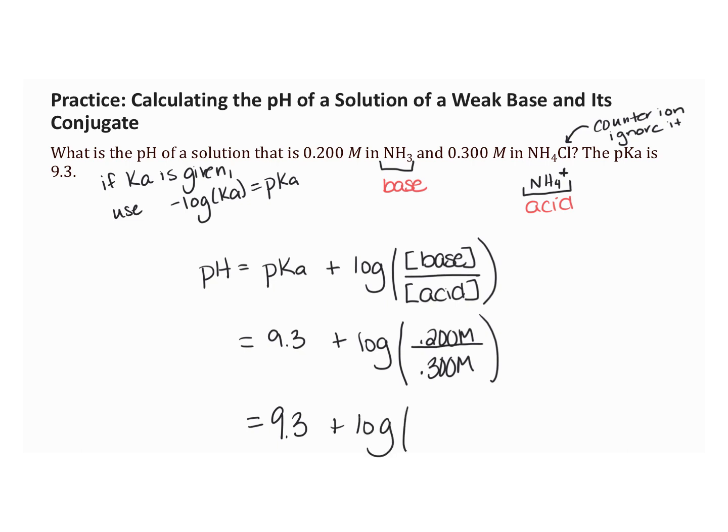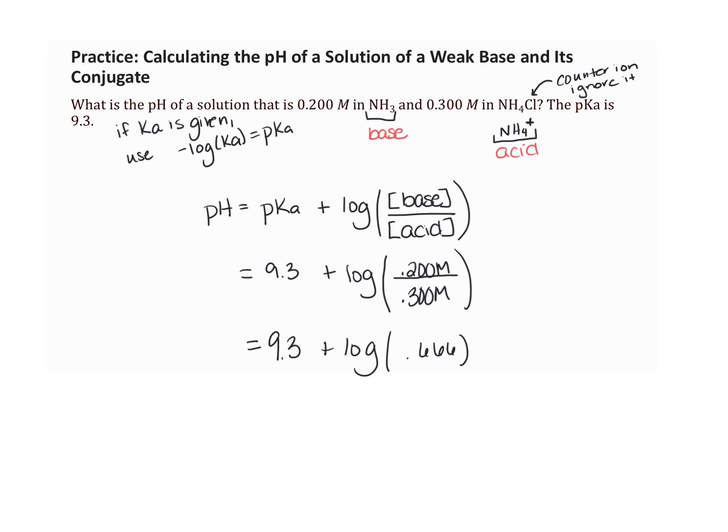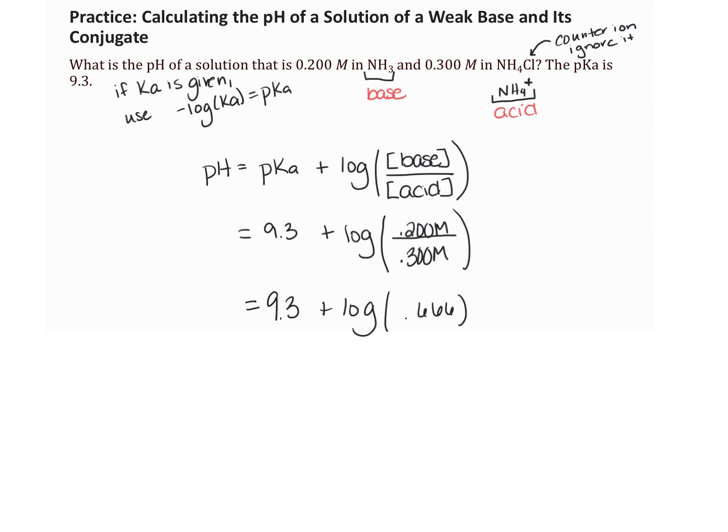When I set out to solve these problems, I write the 9.3 plus the log, and the very first thing I do in my calculator is the math in the parentheses. So I take 0.200 and divide by 0.3, and that gives me 0.666 repeating. I'll keep all that in my calculator, and then I hit log, and then I just add it to 9.3. But I like to go ahead and work this number out in case I hit a funny button or something along those lines.